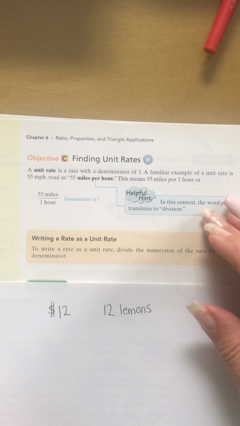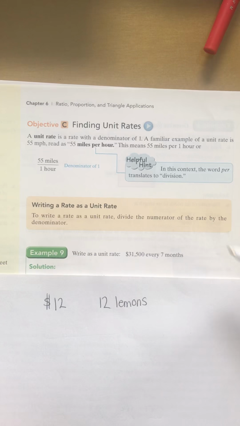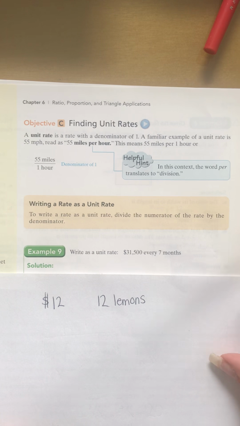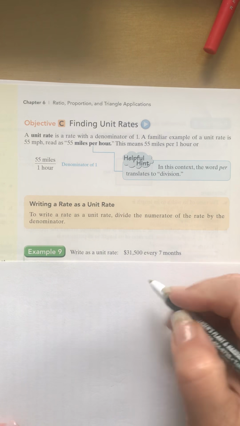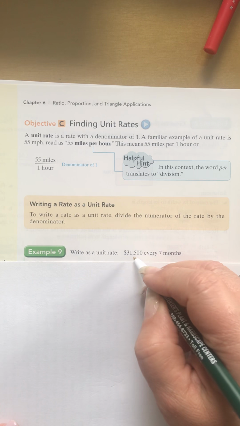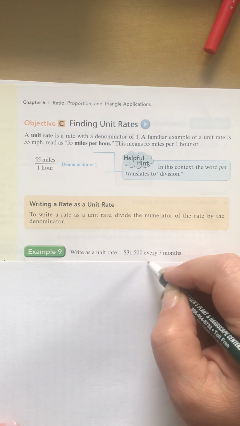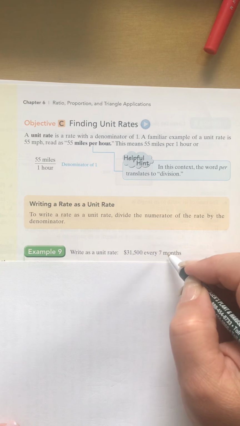Here's example number 9, write as a unit rate. We're comparing 31,500, and it's always the cost. It's cost per unit.